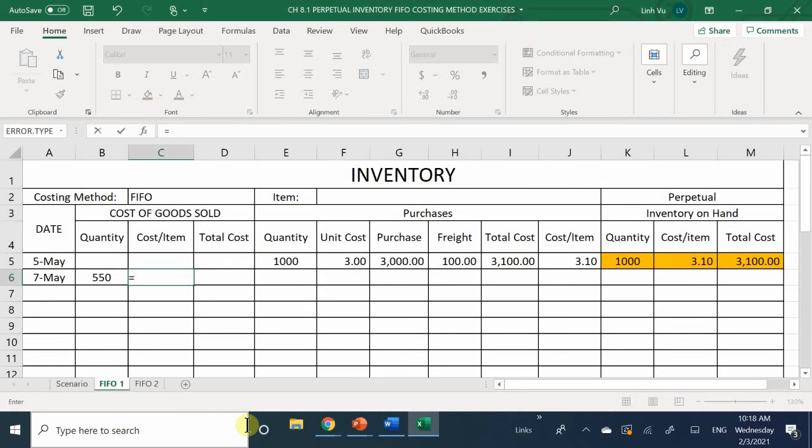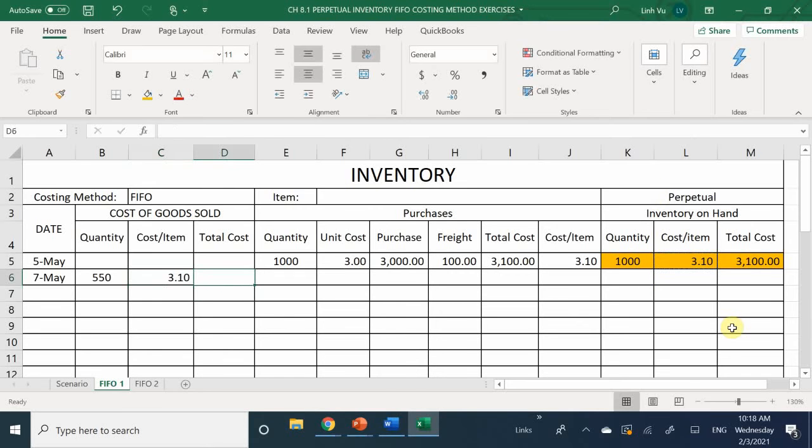How much is it going to cost me to sell each item? It's going to cost you $3.10. Yes. And of course, now we can go ahead and solve for this.